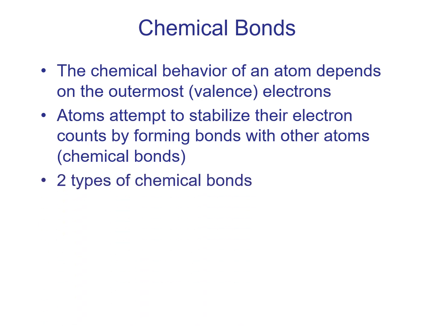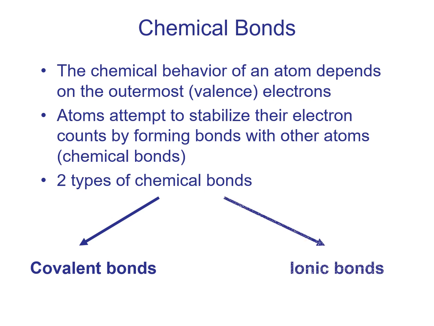And there's 2 types of chemical bonds that we'll look at first. One is known as a covalent bond, where the atoms are sharing electrons, and the other is known as an ionic bond, where one participant is going to lose electrons and the other is going to gain electrons, but then because they have differential charges, the atoms may be attracted to each other.